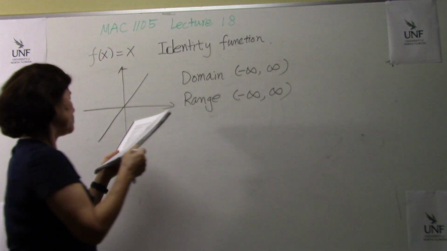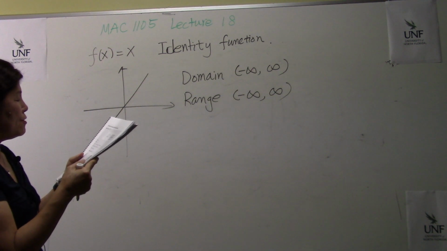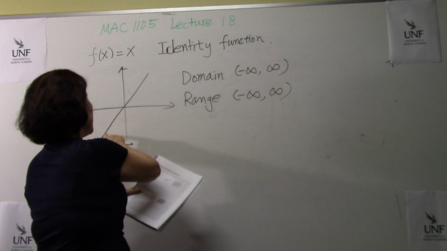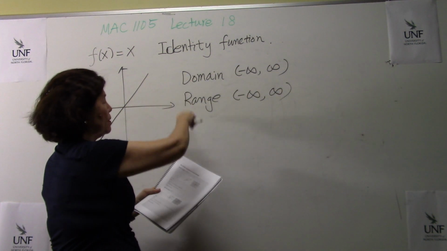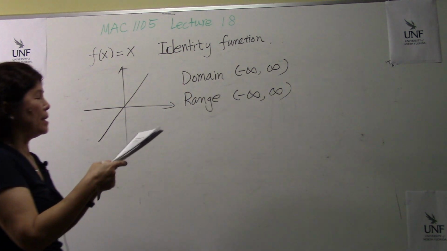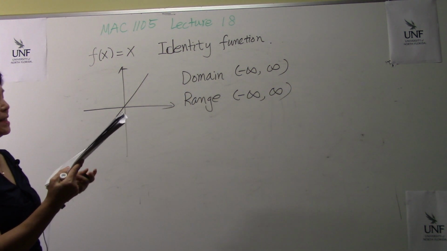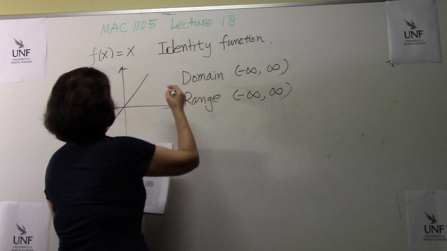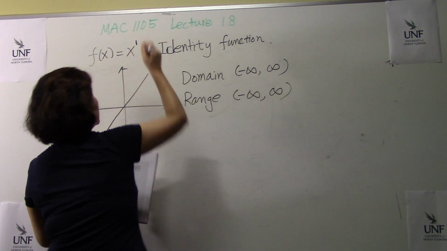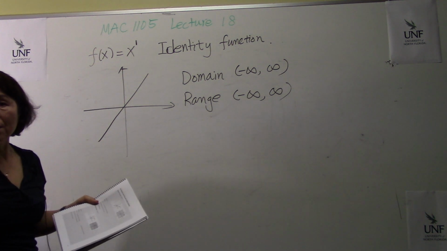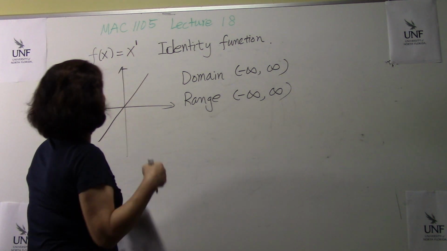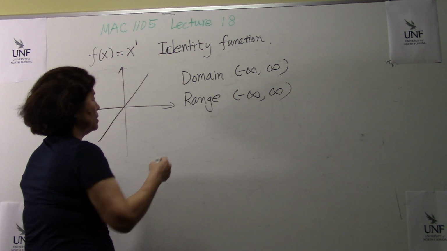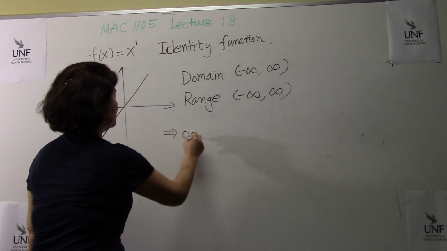It is continuous on its entire domain. There is no hole, no gap, okay? And yes, it's an odd function. Guess what? x is x to the 1 power, which is an odd power, so this is an odd function.